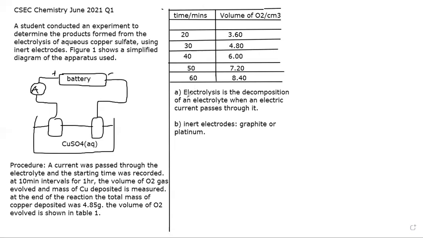So the first question asks us to define electrolysis, which is simply the decomposition or the breakdown of the electrolyte when an electric current passes through it. And then they asked us to give one inert electrode that could be used. Typically we use graphite, but platinum is also an inert electrode.